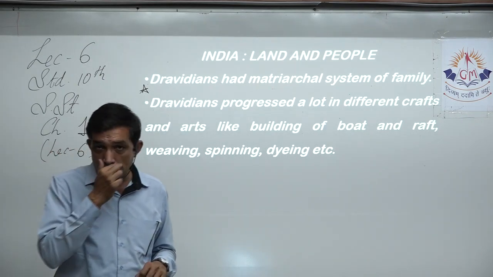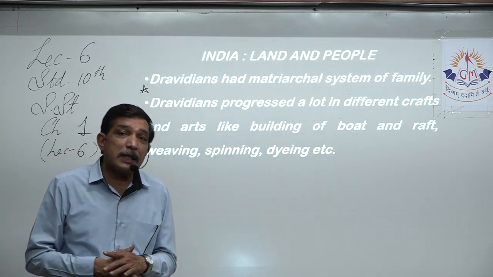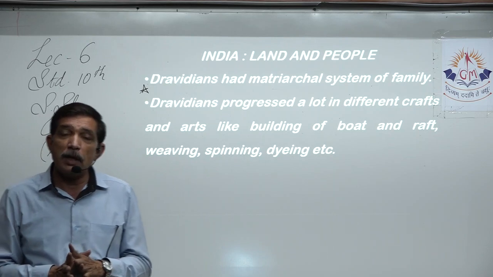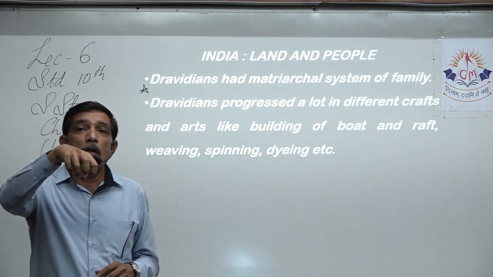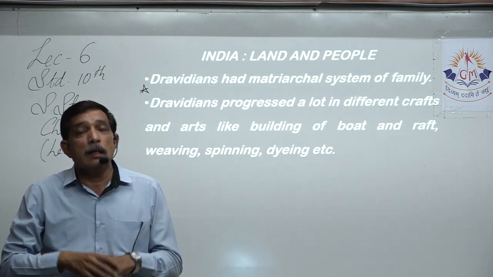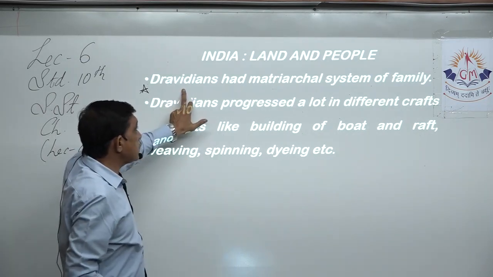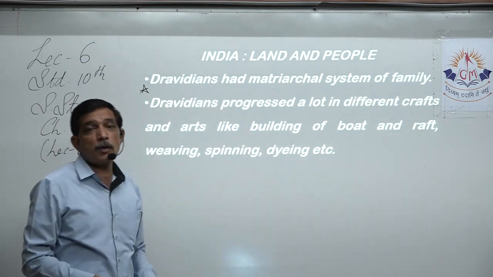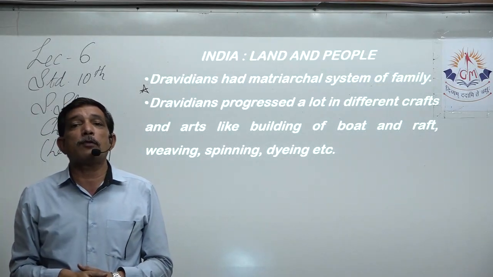In India today, if we see, we have a patriarchal system of family where the male is the head of the family. That is patriarchal system of family, whereas Dravidians, they had matriarchal system of family. That means they had mother as head of the family.